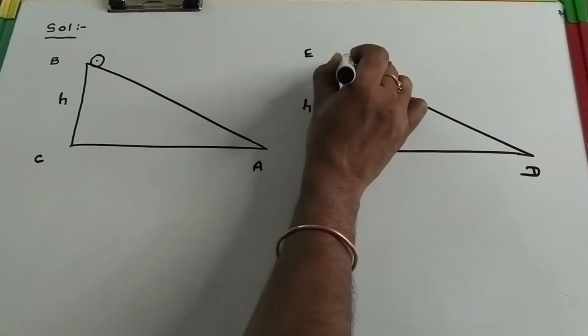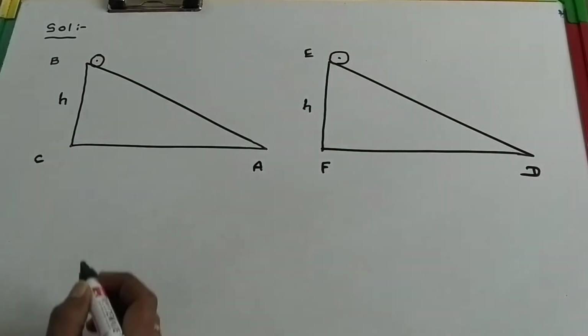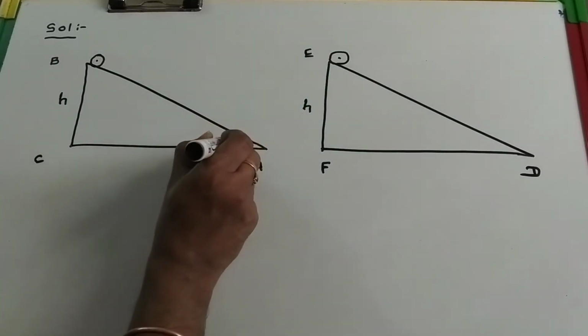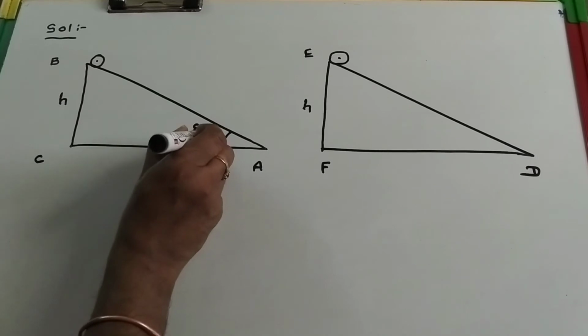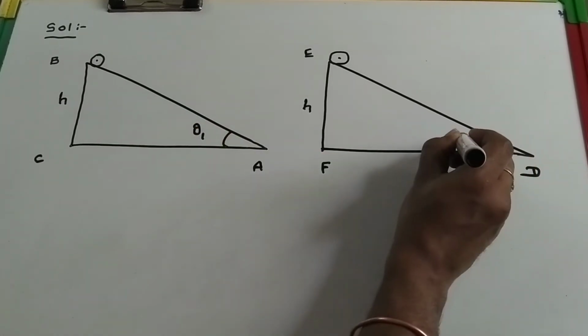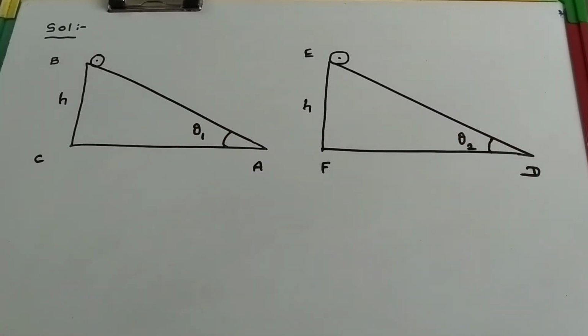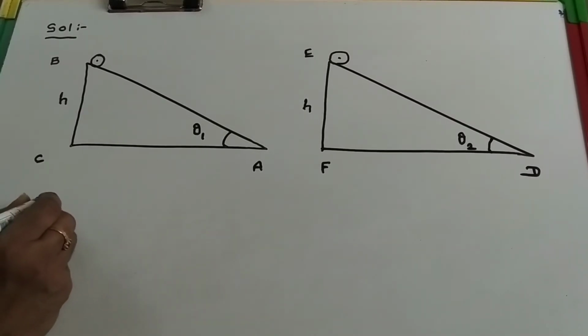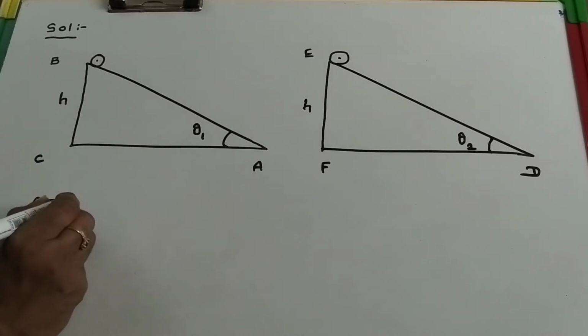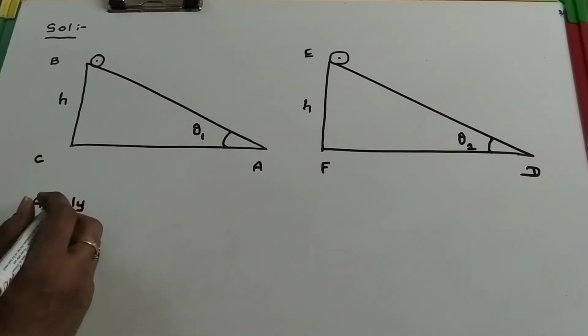Here also, same height, body is here. Consider the angle is theta 1. Here the angle is theta 2. It means the angles of inclination are different. Now see, apply the principle of conservation of energy.